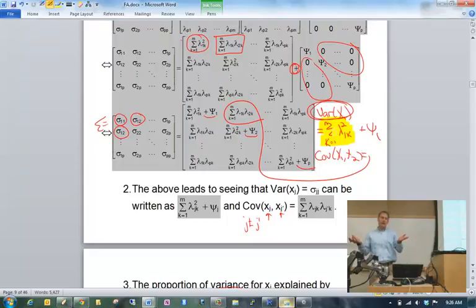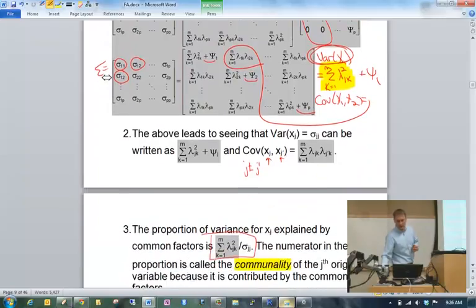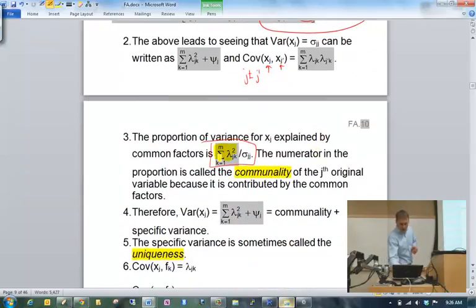This numerator in this proportion is called the communality. So this right here is called the communality. Why? Because remember, these common factors are common to each of the variables. And people have said, let's just call this the communality as a way to denote it.